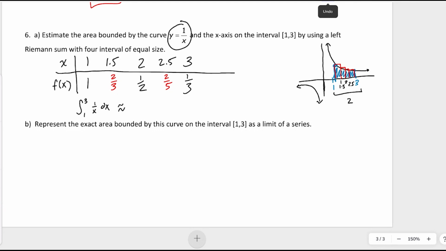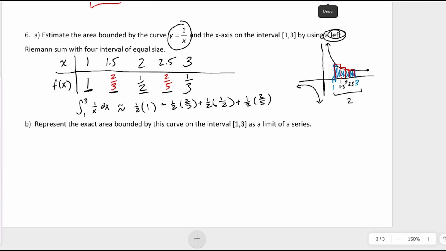The first rectangle is going to be half times 1, and we're using the left Riemann sum, so for that first rectangle, we're going to use 1. We're going to use these 4 numbers I'm underlining as our 4 heights. So half times 1 plus a half times 2/3 plus a half times a half plus a half times 2/5.